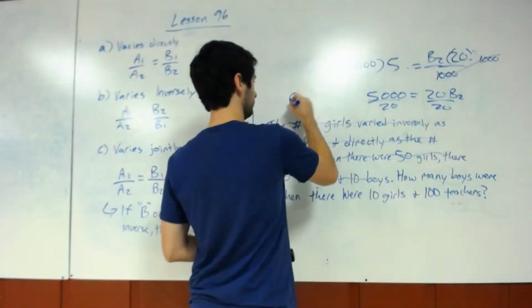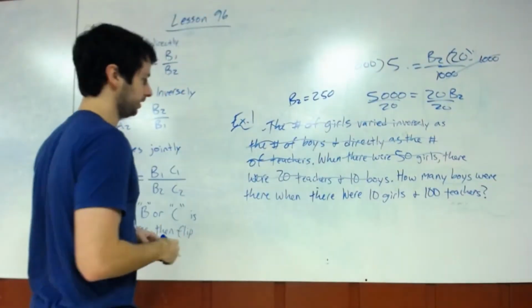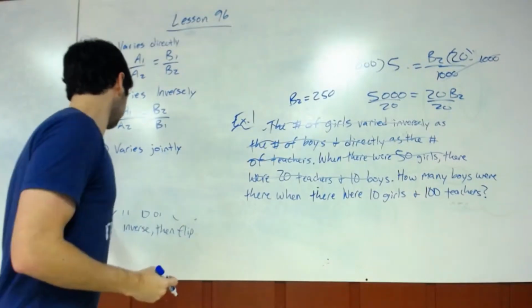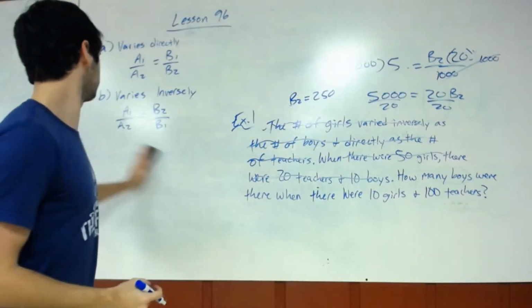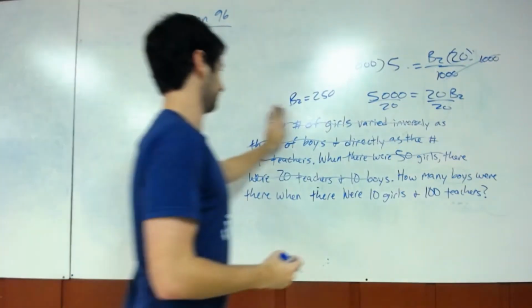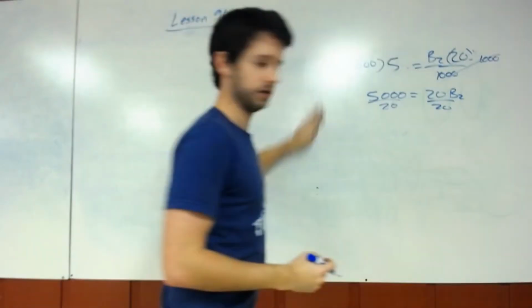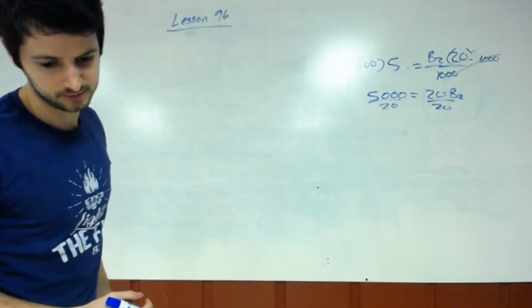So B2 equals 250. So that's how you do varied jointly as. Just be able to flip the fraction if it says varied inversely as, and you keep it the same if it's directly. Now we're going to look at one more concept on this lesson.